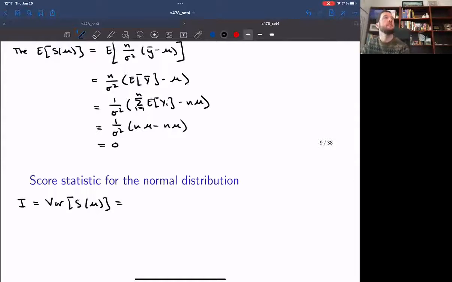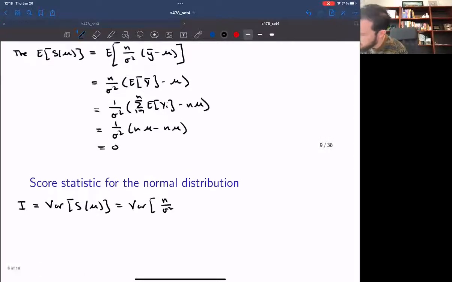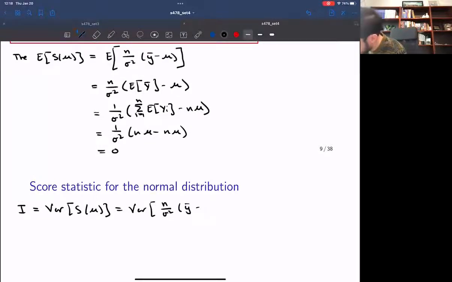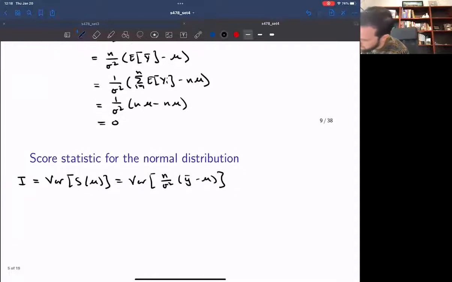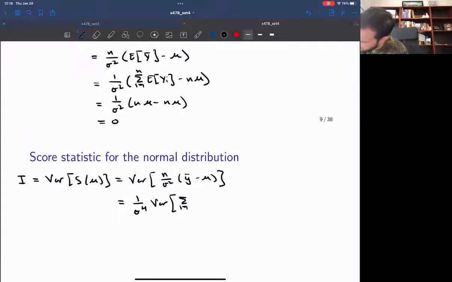Okay. It's going to be the variance of n over sigma squared times (y bar minus mu), which is 1 over sigma to the 4 times the variance of the sum from i equals 1 to n of (yi minus mu).